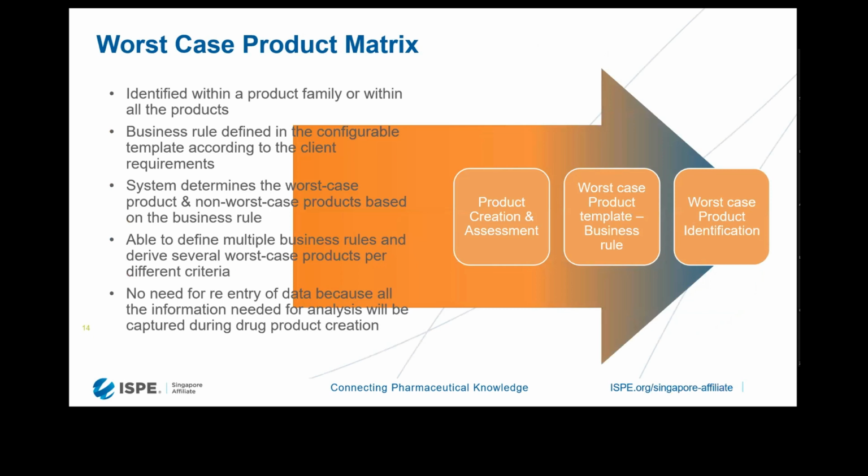Worst case product matrix. I already talked about this. It is identified within a product family or within all the products. As I said, it's not necessary that you follow the product family concept.